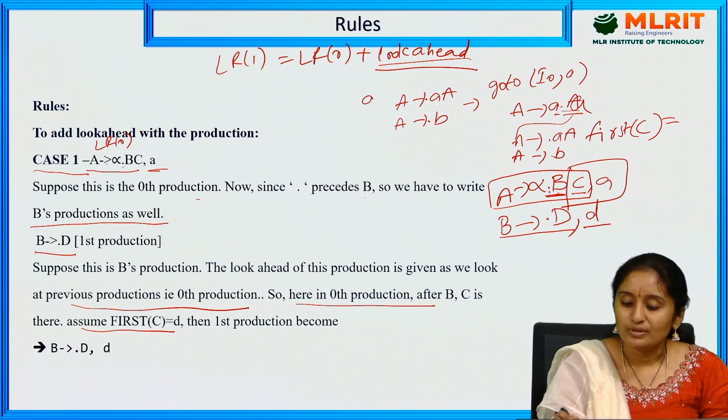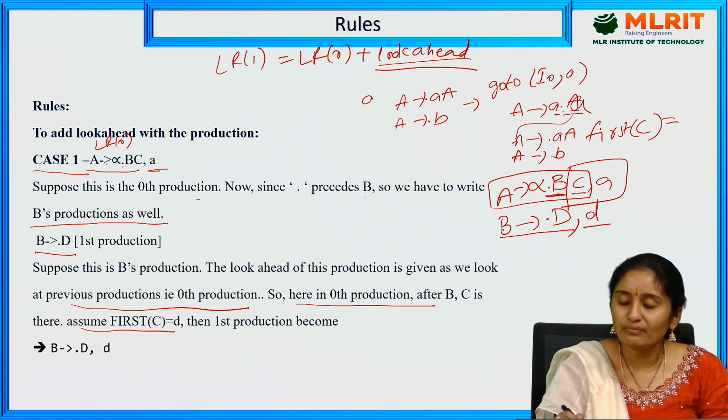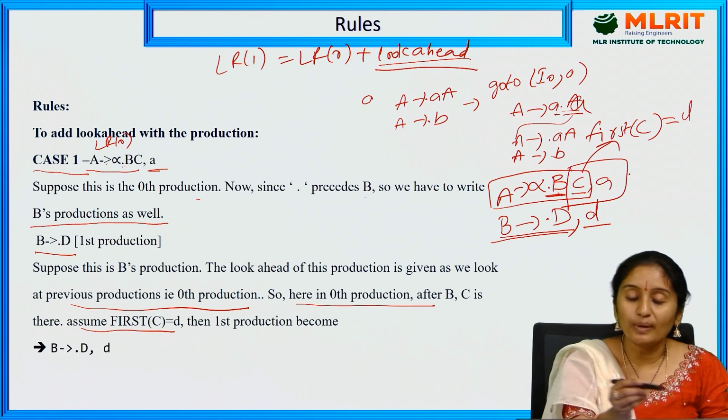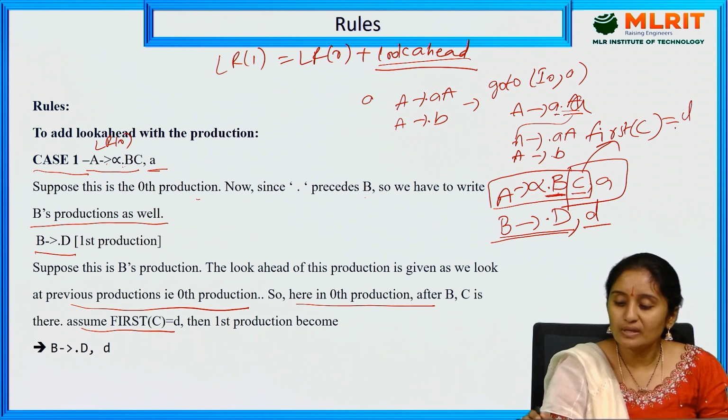If after dot there are two non-terminals, then for the first non-terminal we write the production, and after that non-terminal we calculate the first of that particular non-terminal. We get the first function values from the original production. So suppose first of C is equal to d.